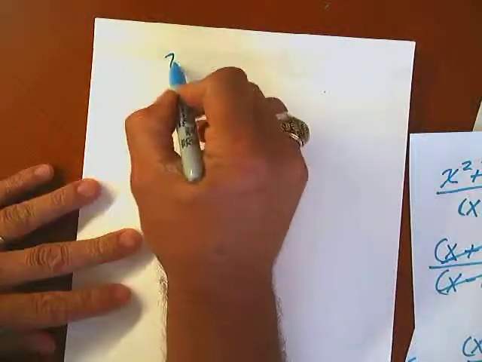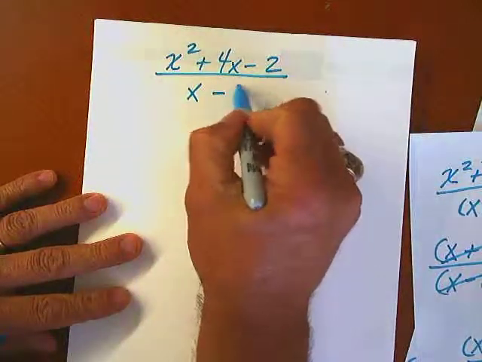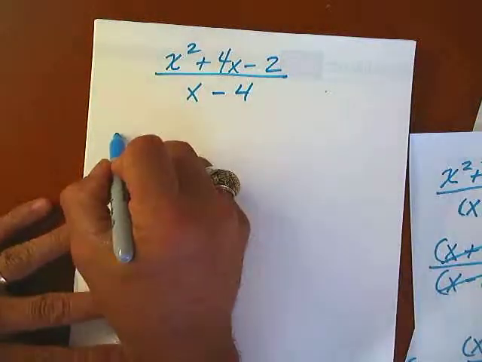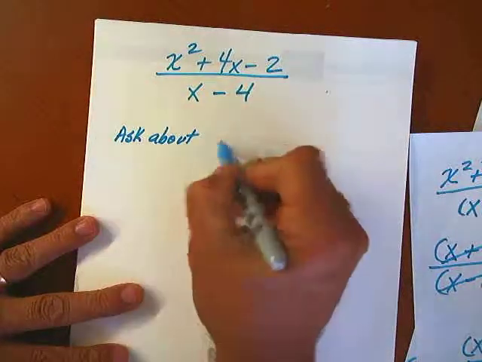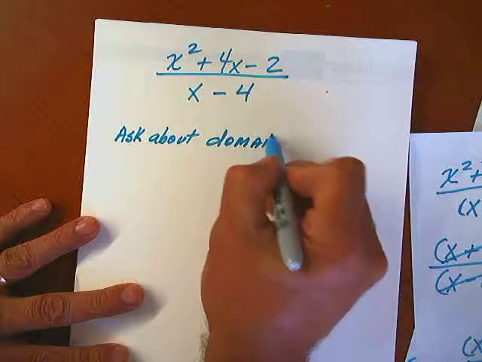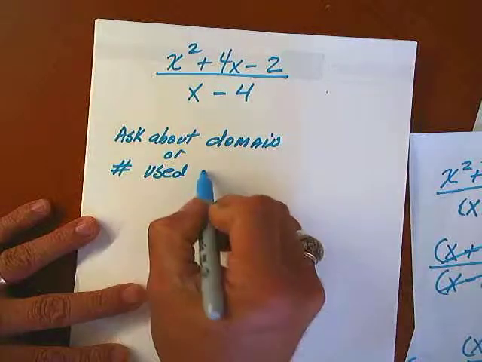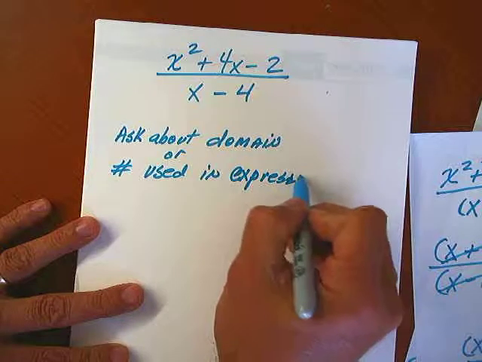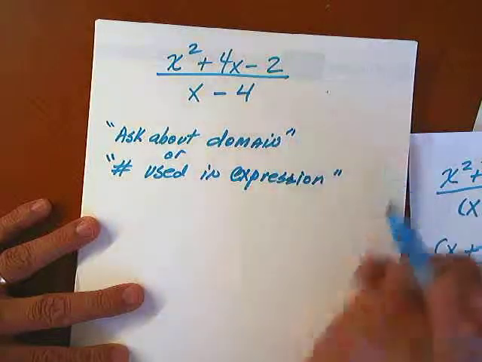Now, this will take us to pretty much, don't forget to set the denominator equal to 0. If you're ever given an expression, x squared plus 4x minus 2 over x minus 4, the first thing you do when asked about the domain, or the numbers used in the expression.